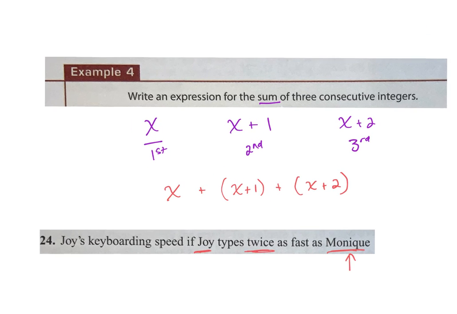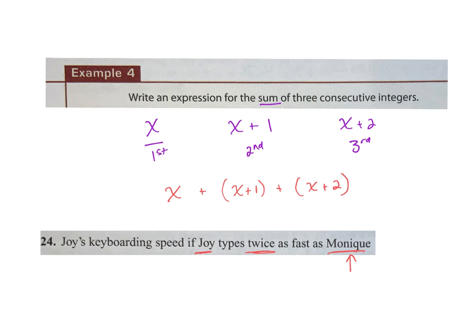We'll just make it M. How would I write twice as fast? 2 times M. We'll do equations later. These are just expressions. If it was an equation, you would have an equal sign in it. But for expressions, you don't need an equal sign.